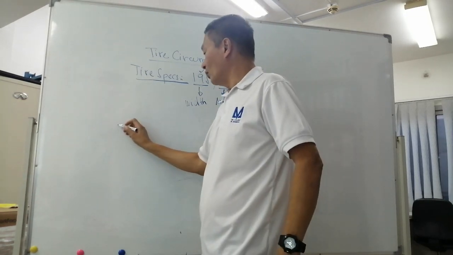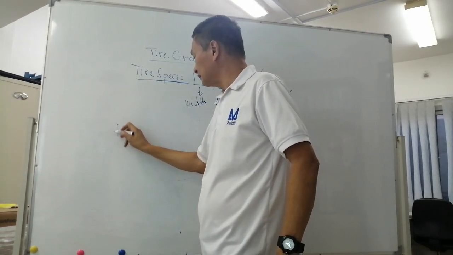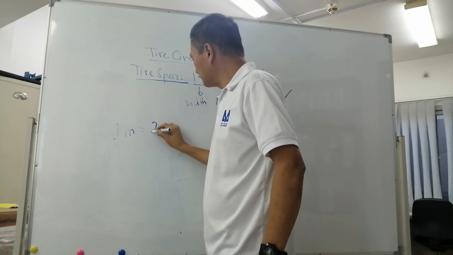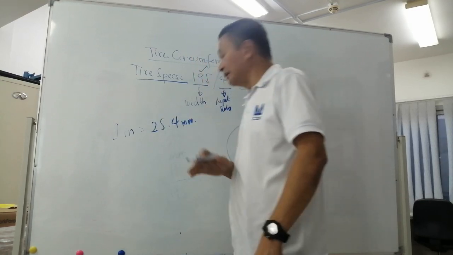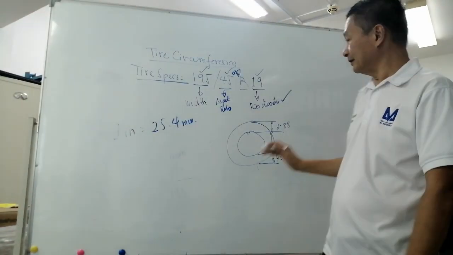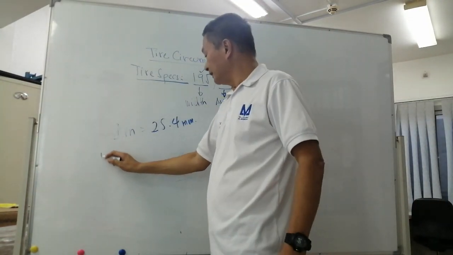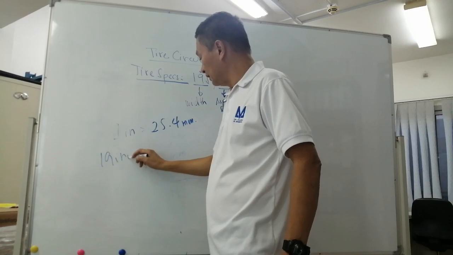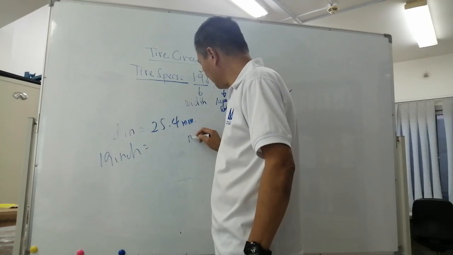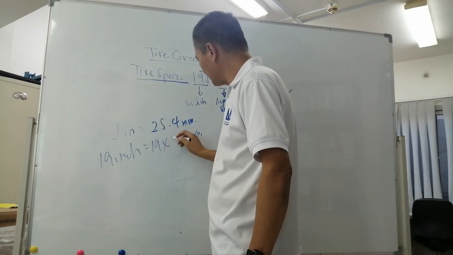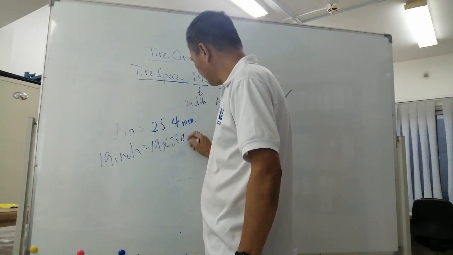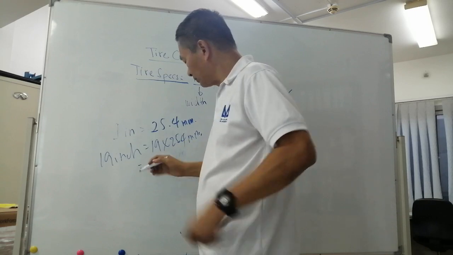Take note, 1 inch is equal to 25.4 millimeters.